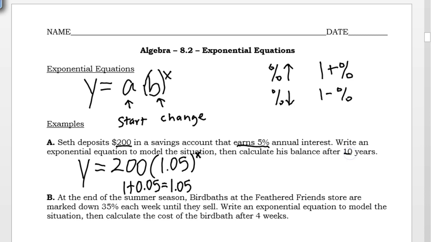To calculate the balance after 10 years, before we had to do 200 enter times 1.05 enter, enter, enter, enter, enter, enter, enter, enter, enter, enter. Now instead we can just put that number 10 up for the power, and we get the same answer.